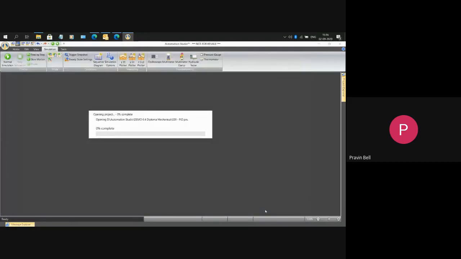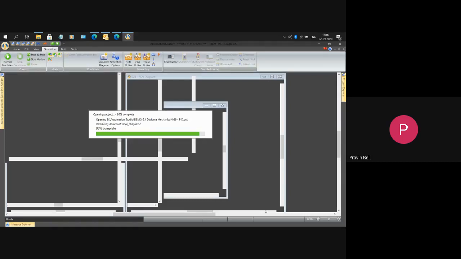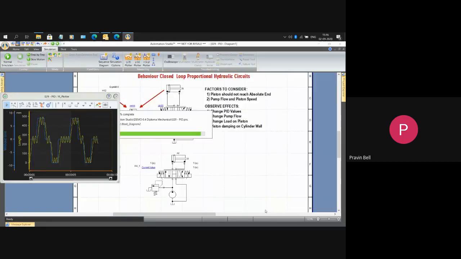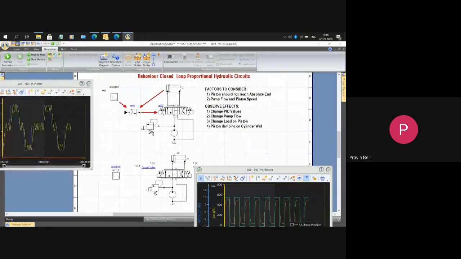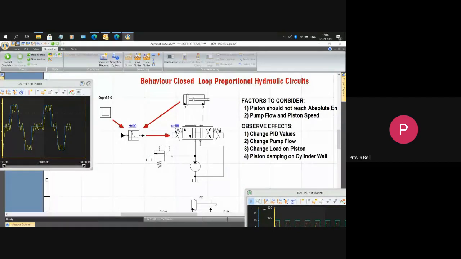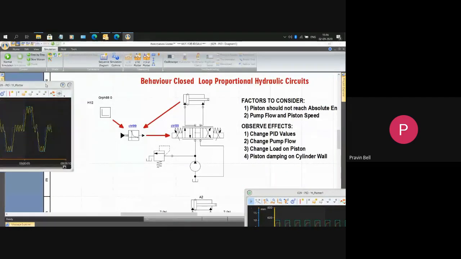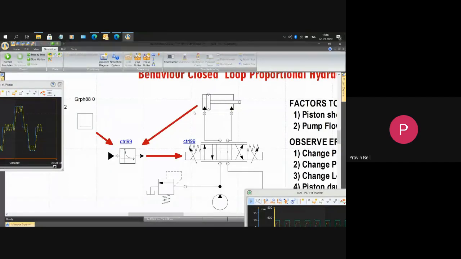There was a practical for PID control also. In one syllabus only I saw it. In Automation Studio, you can do PID control of a hydraulic or pneumatic circuit and see the behavior. Okay, so in PID control, this is a closed loop system. The piston has a sensor mounted on it that gives a signal to the control device.